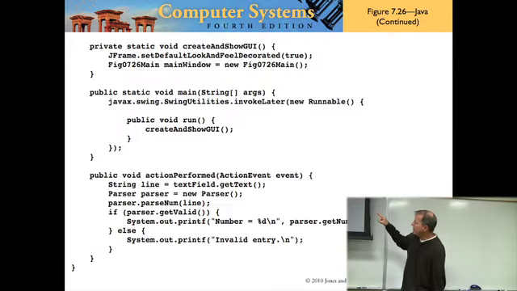But now here we have to be careful to see how the main works. There's our private static void createAndShowGUI that sets up the GUI, and then we call createAndShowGUI in public static void main, right?